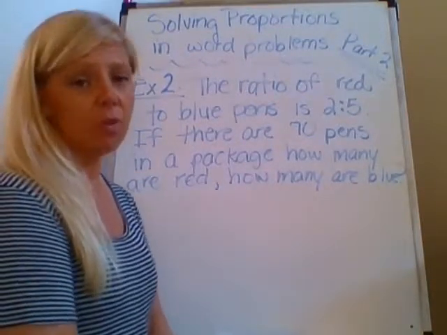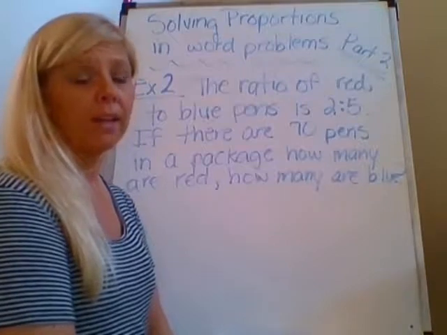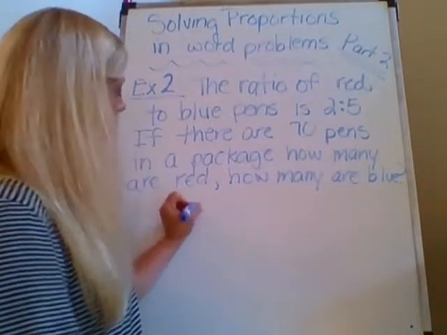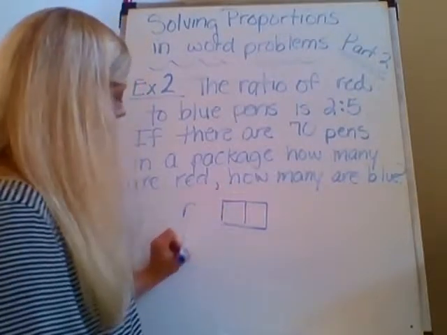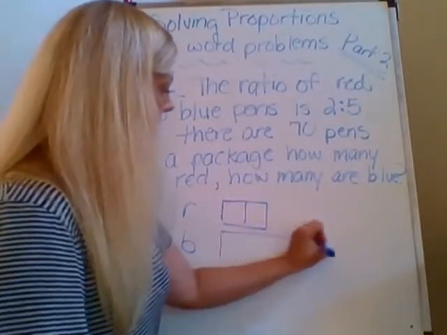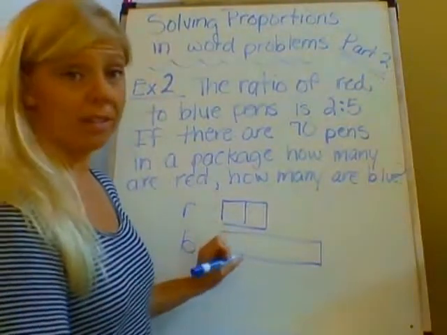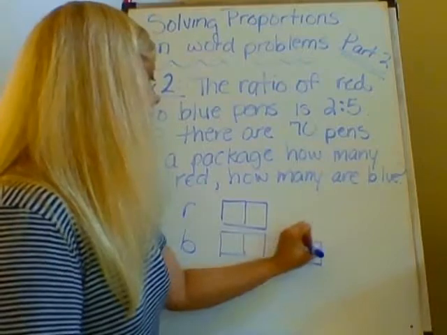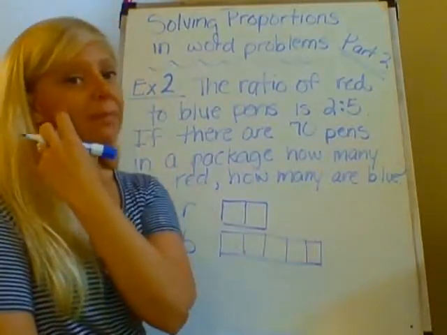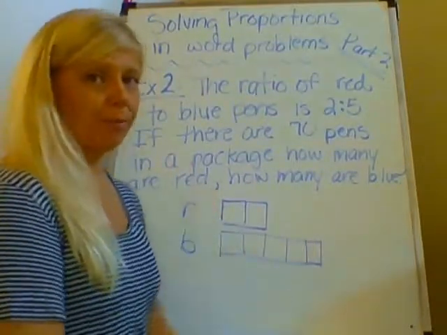So let's go ahead and draw our boxes for our red and our blue pens. So red is 2 and blue is 5. And again, we'll make our boxes as close to equal as possible. Okay, so here we've got 2:5.